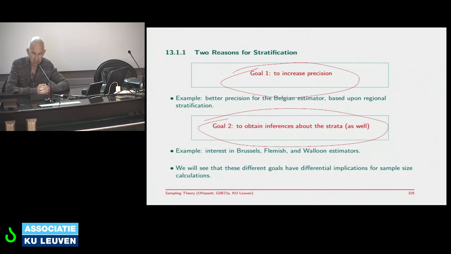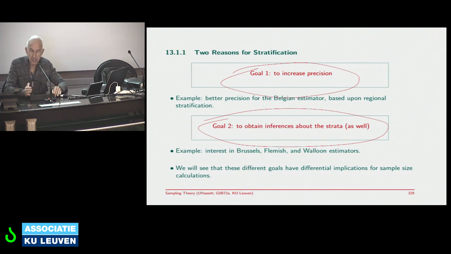We discussed that before. So what I'm already saying is, for goal 1, it seems more appropriate to do a proportional allocation. For goal 2, it seems to be more appropriate to have equal allocation. Now, that's more or less truth. The actual result is subtle and there are some mathematical details, but the big picture will remain.